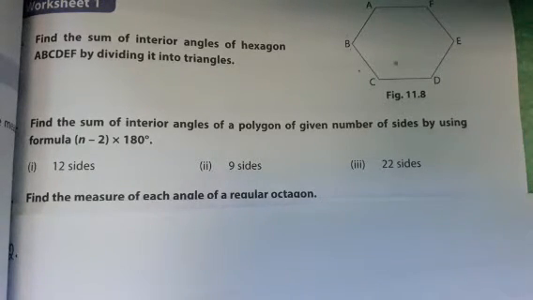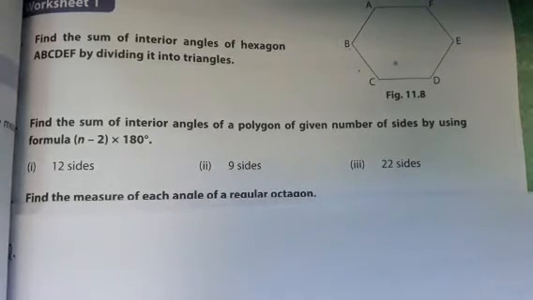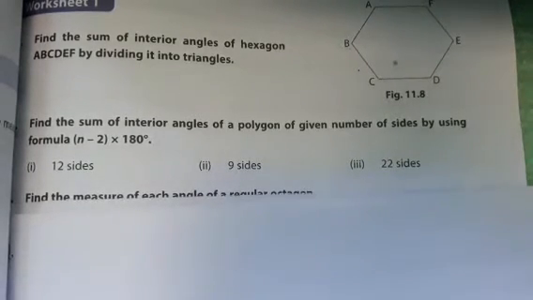Now we come to question number 2. Find the sum of interior angles of a polygon of given number of sides by using the formula n minus 2 into 180 degrees. I already told you these formulas in the introduction video of understanding quadrilateral, and to find a specific angle of a regular polygon there is also a formula, that is n minus 2 into 180 degrees by n.